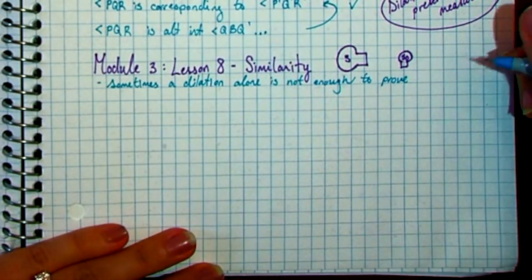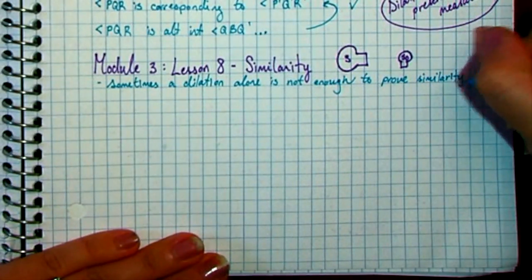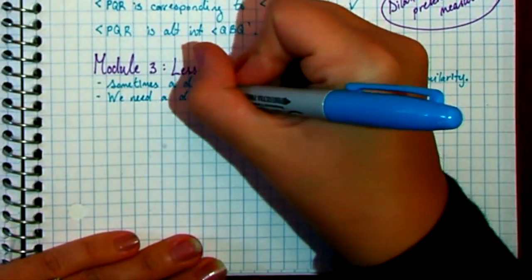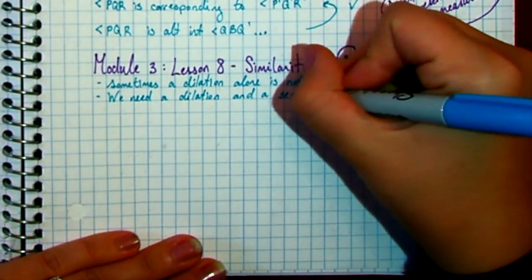Remember, a shape is similar if it's the same shape. It has angle conservation, but it's not necessarily the same size. Shapes can also be similar but not be in the same position or orientation.